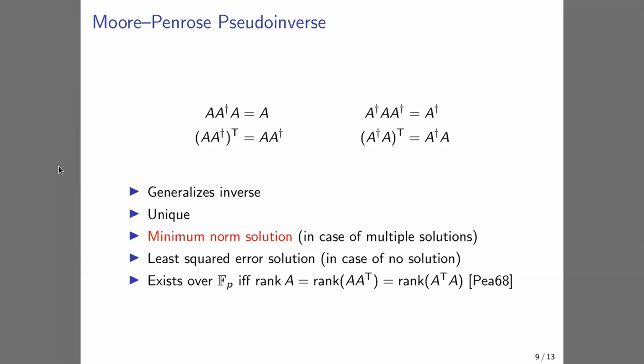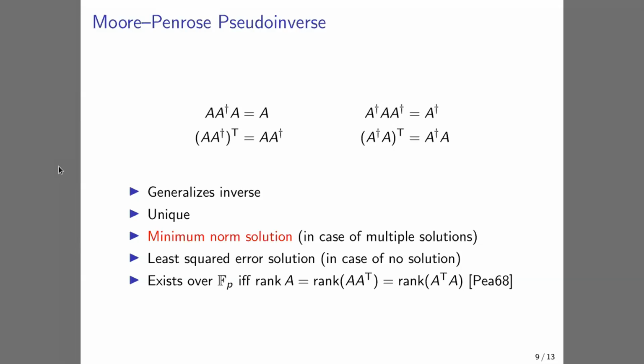Now, as a little bonus property, let's say, even for systems that have no solutions, you can compute the least squared error solution with the pseudoinverse, which is basically the vector closest to the solution in some sense. So it's a very useful notion, this pseudoinverse.